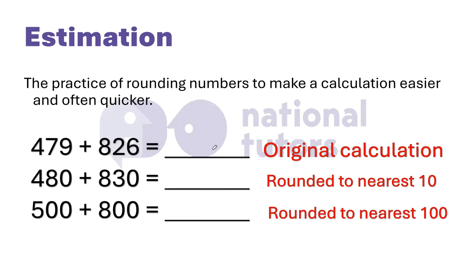So, just as with rounding on the previous page, you can round to the nearest 10. So 7 is higher than 5, so 479 becomes 480. And then 826 to the nearest 10 becomes 830, because 6 is higher than 5.